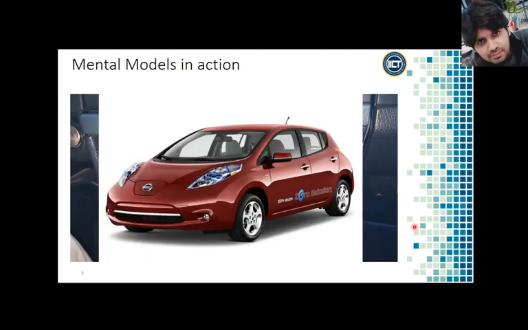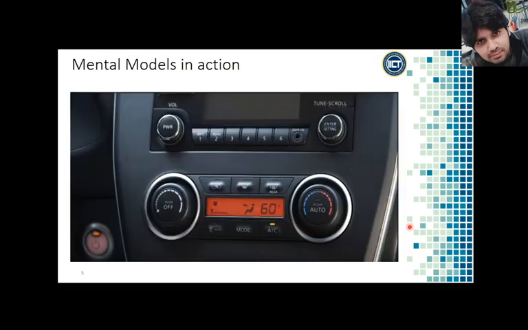Now this is a newer version of a car, and I should relate to it because this car is of my generation. Now let's see the temperature control in this case.